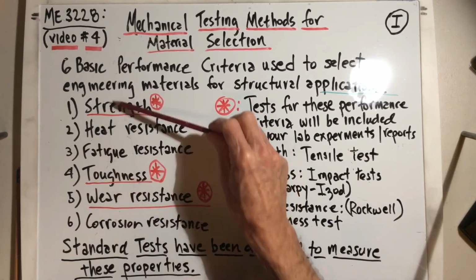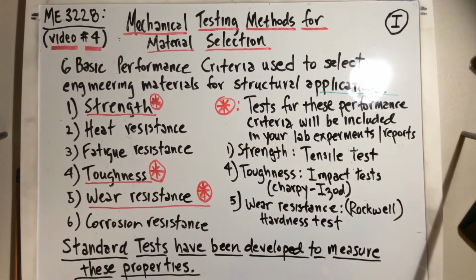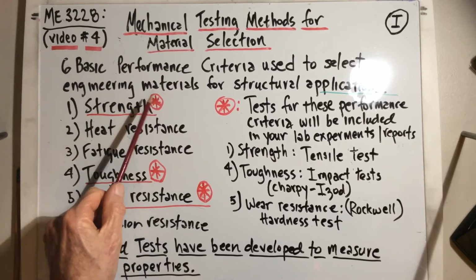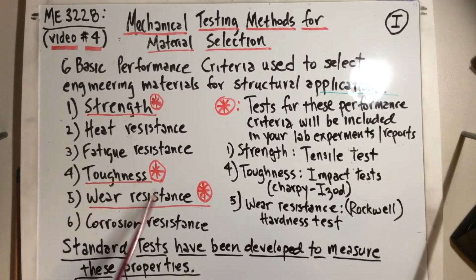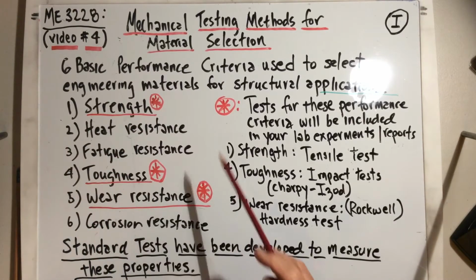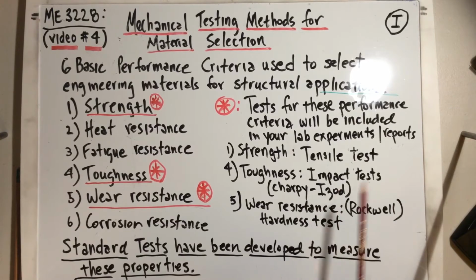These are 6 criteria that you really should look at in your design for the material properties. And the ones that I've got asterisks, strength, toughness, and wear resistance, those are the ones that you're going to be using tests for in your lab experiments and or doing a report on.